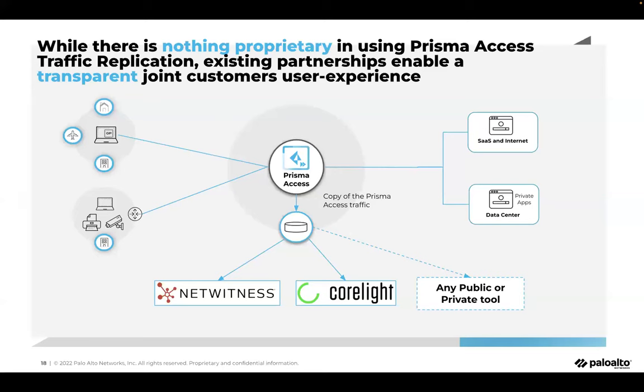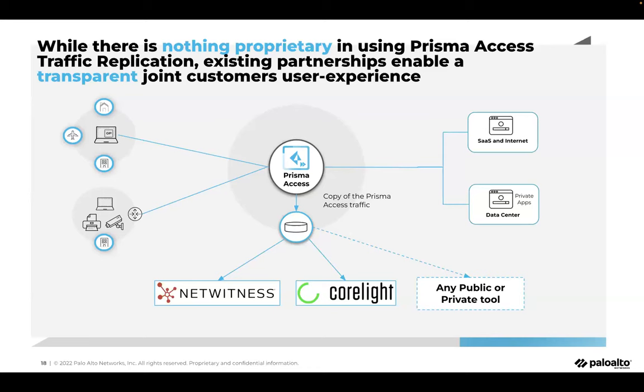The experience would be pretty much transparent. The customer wouldn't need to care about the buckets, about unzipping, about decryption. NetWitness and Corelight would take care of those extra steps. It's been a great experience for our joint customers.